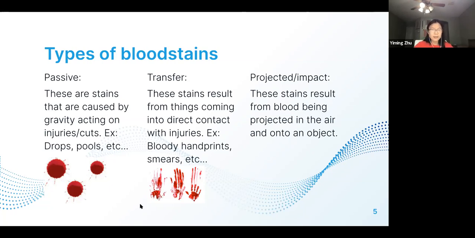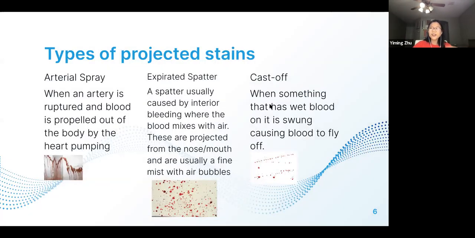And then projected and impact, these are when blood is projected or flies through the air. I'm going to get more into that because there are different categories in projected or impact stains. Okay, so first, there's arterial spray, sorry, cannot speak today, but expirated spatter and cast off.